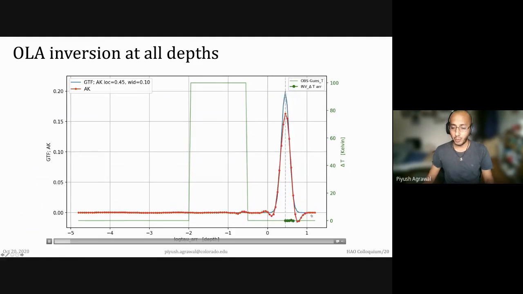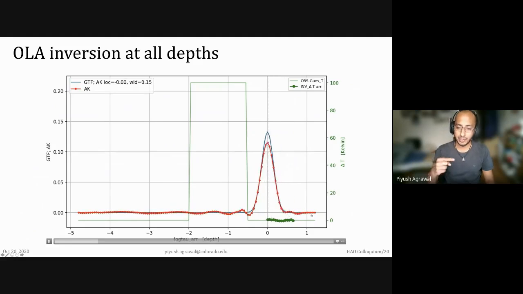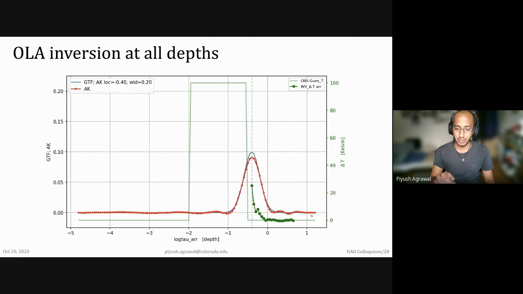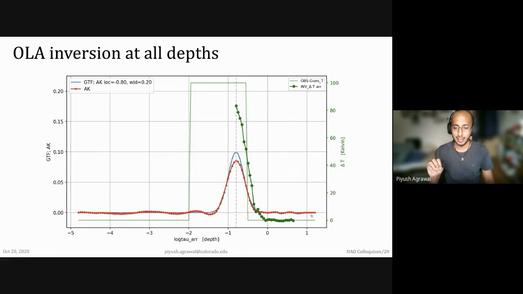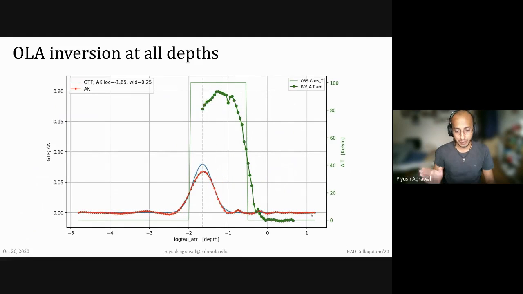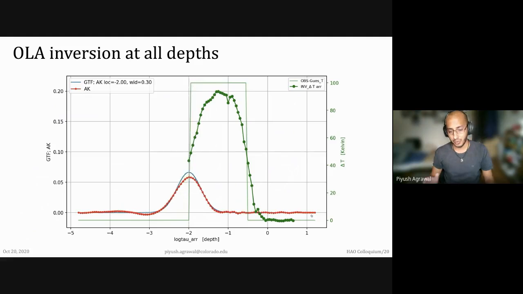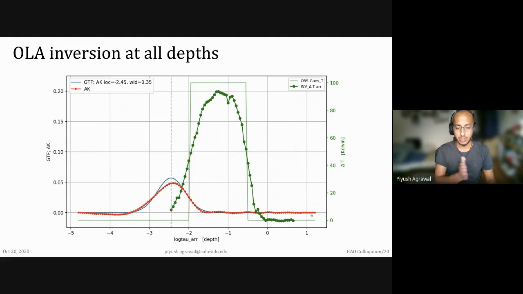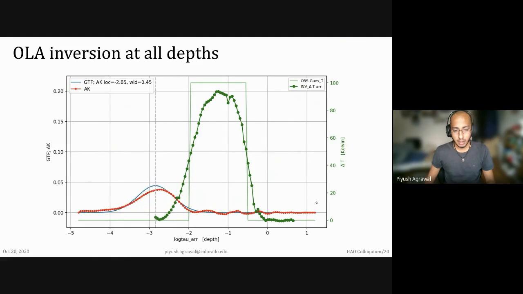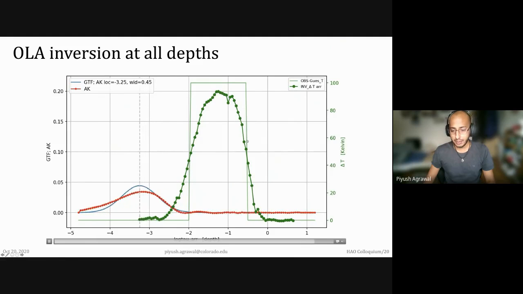You pick one depth location, compute the averaging kernel at that depth, get the coefficients, multiply the coefficients by delta I, compute the inversion, then move on to the next one, and you keep sliding it from the deeper to the shallower ones. The green dots correspond to the inverted delta T at each of those steps.